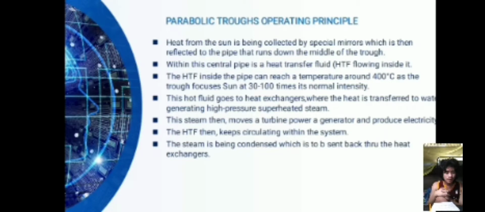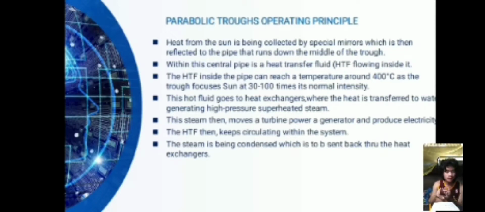So, yung steam na yon pupunta naman siya dun sa turbine. So, yung turbine na yon is isang generator para mag-produce ng electricity. The HTF then keeps circulating within the system. The steam is being condensed which is to be sent back through the heat exchanger.